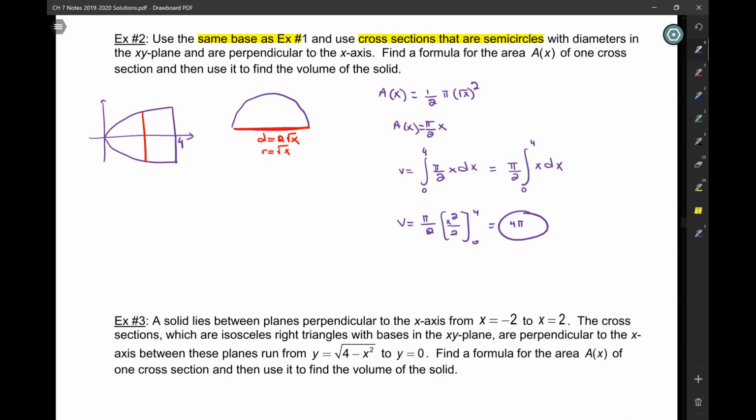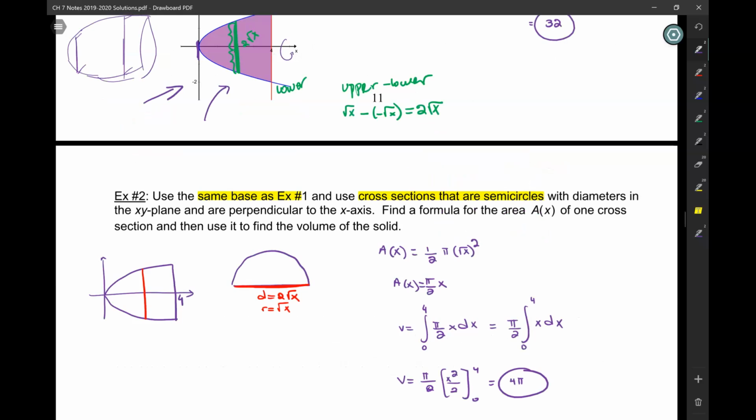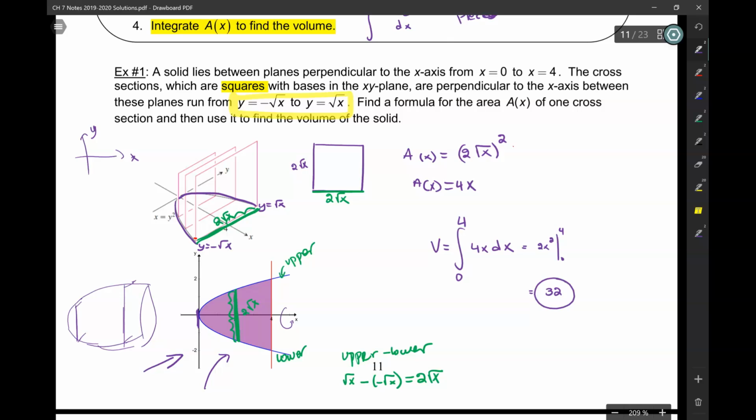Now, that's a different volume. That's because, as Hannah was pointing out, when you cut this, they're not really squares. The cross sections are not squares. What we were doing is piling up tiny little squares, but in doing that, there was a lot of space that was left out.